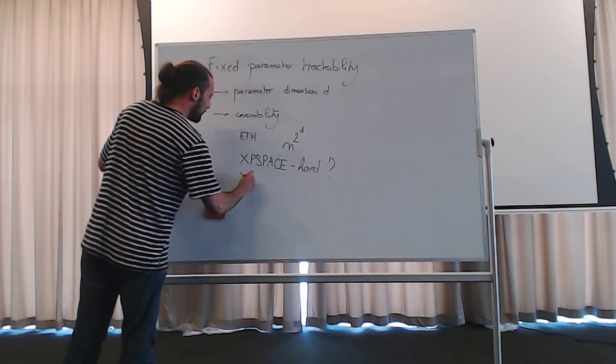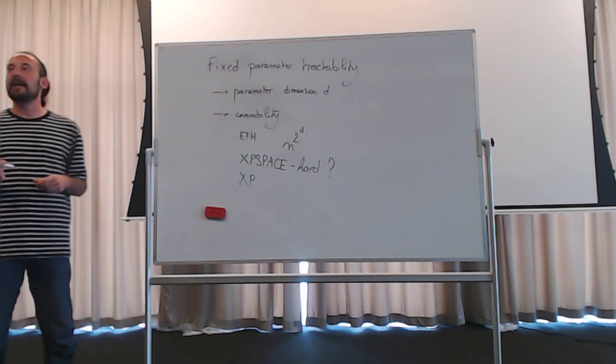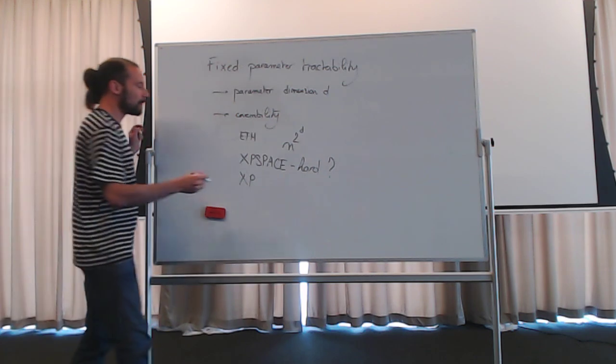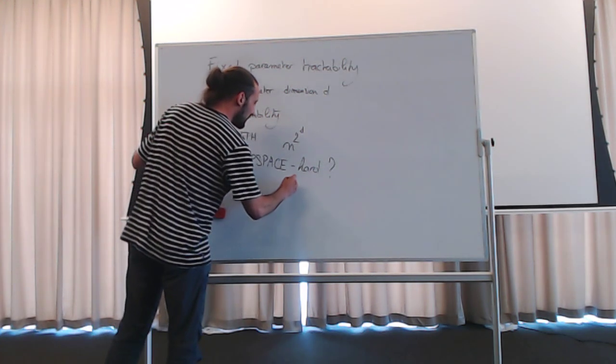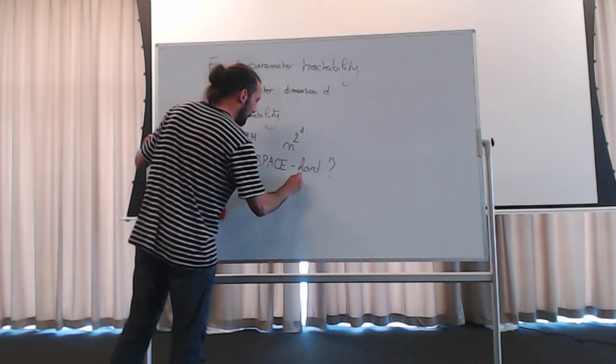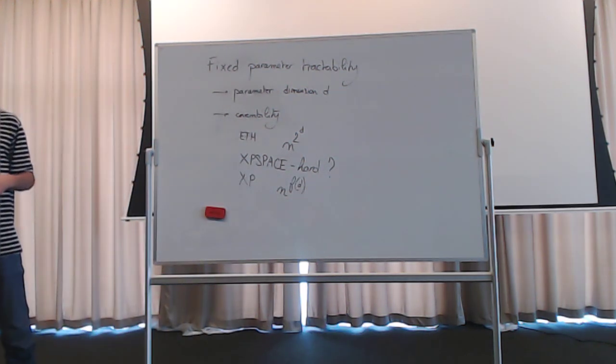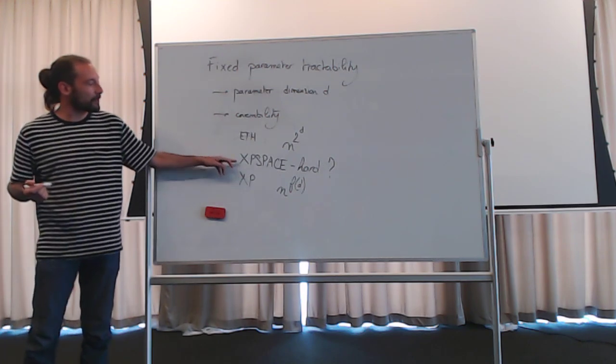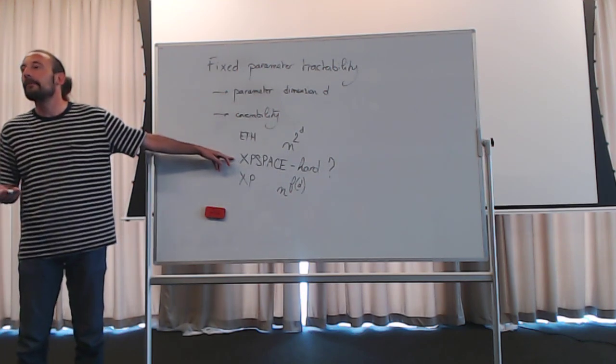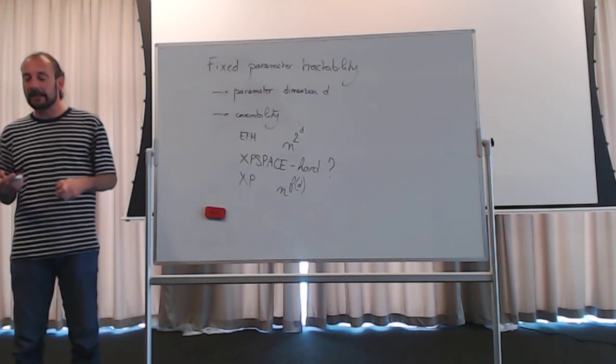XP is the time version, which essentially says that you have something in n to the f of d, some function of your parameter d. That's essentially what XP is saying. And it would be the space version of that complexity class.